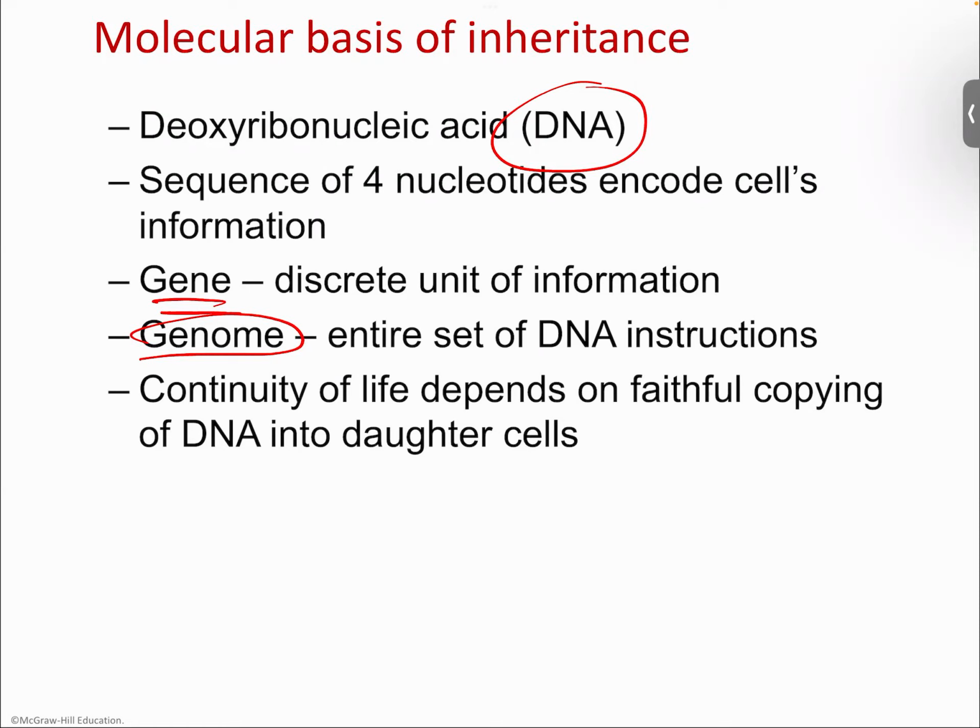I will pick on Matt just because I know Matt. So Matt's genome, right? He has his own genome and I have my own genome. Our genomes are not the same, right? But his genome is basically his complete set of DNA instructions, everything to make him from scratch. So where do you find that?